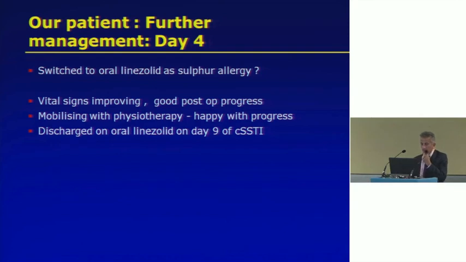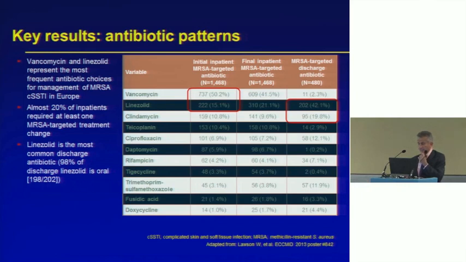This patient was switched to oral linezolid because he had a sulfur allergy. So cotrimoxazole was another choice. So we did manage to promote an IV to oral change, and that facilitated his discharge from hospital.